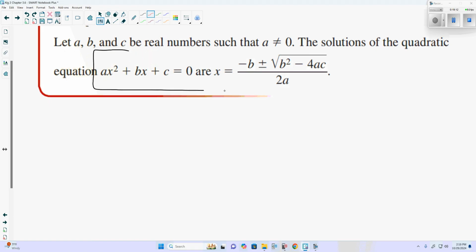And really, for any quadratic equation with real numbers a, b, and c, we can plug those values into this equation and get our solution. We can plug them into this here and find the value of what we're looking for here.